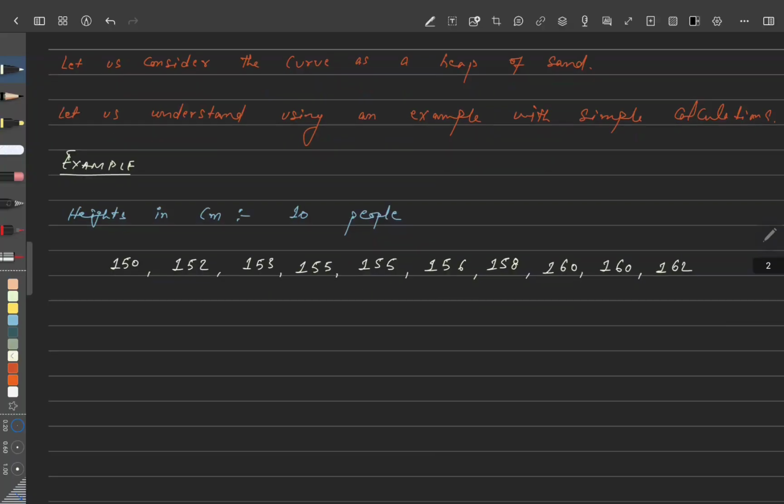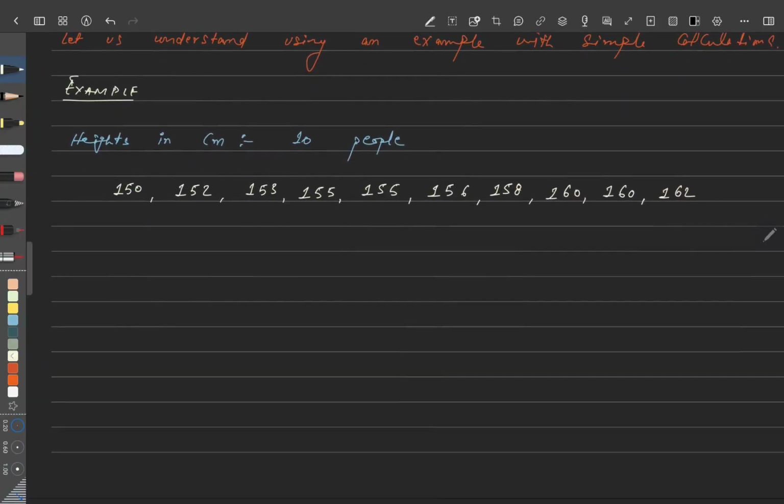So this is what the frequency table would look like if we group these into bins of width 5 centimeter. This would be the height range, and this would be the count. Any height that falls between 150 and 155 would be counted here.